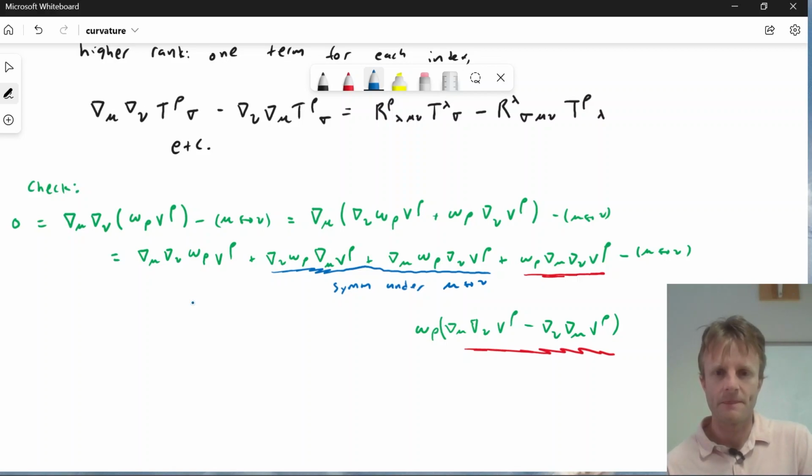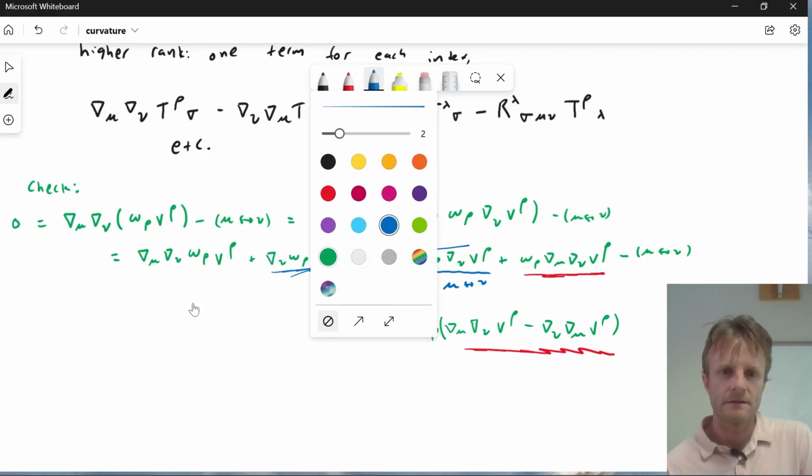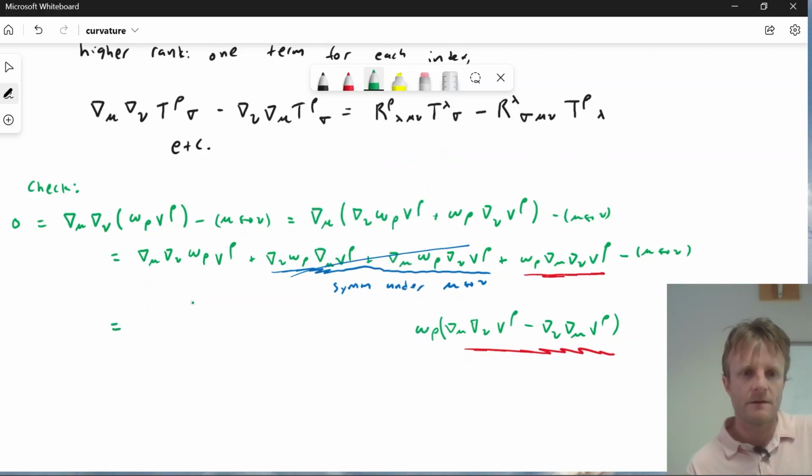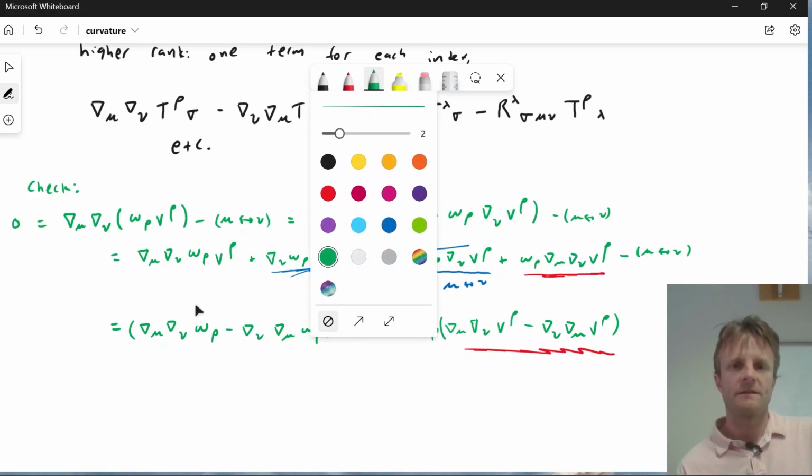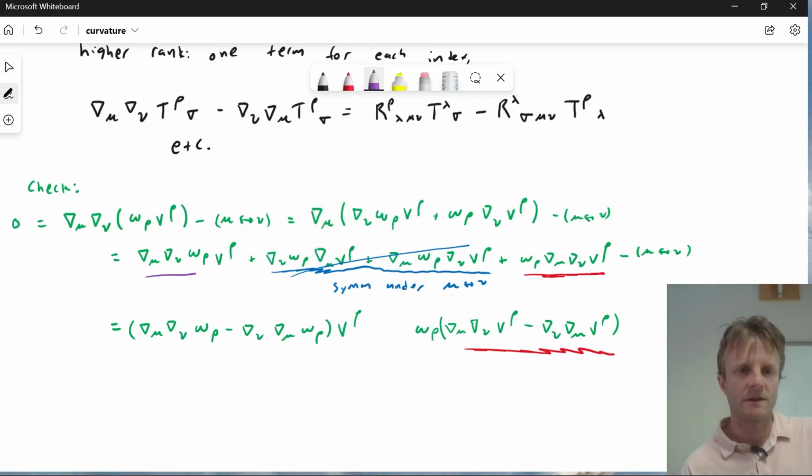That's just gone. And the first term is what we're looking for. This is del mu del nu omega rho minus del nu del mu omega rho, all contracted with v rho. That'll be purple. Okay?